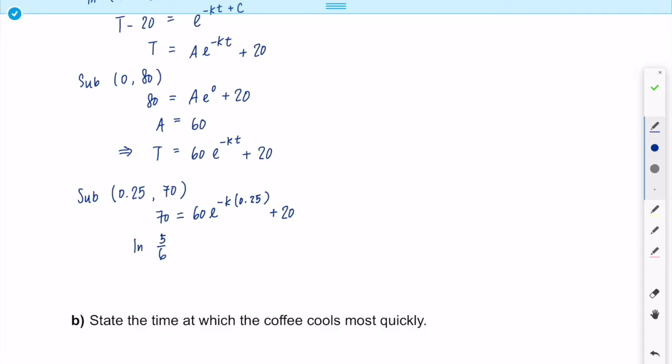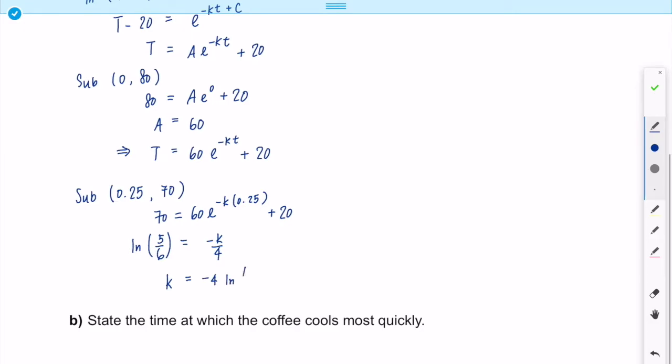If I ln both sides, this way I'm going to have negative k over 4, meaning that k is equal to negative 4 ln 5 over 6. Okay?